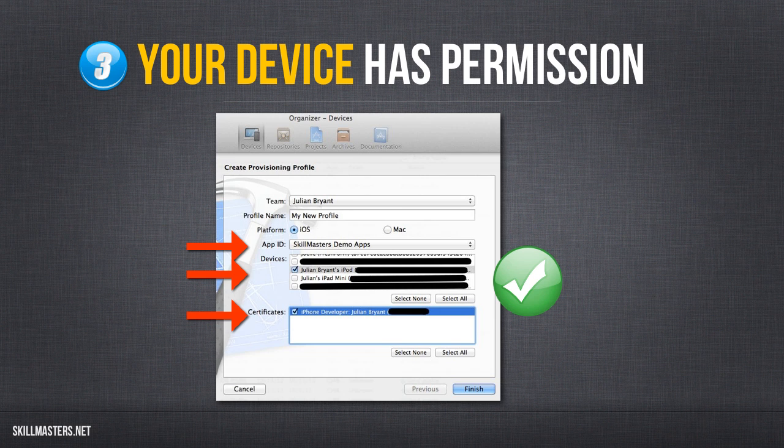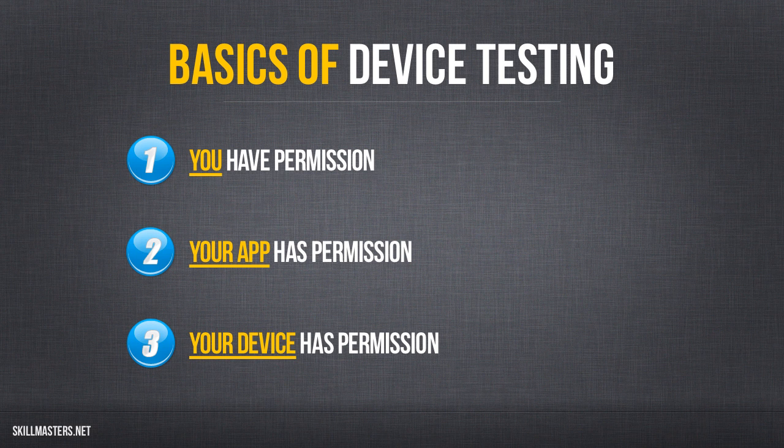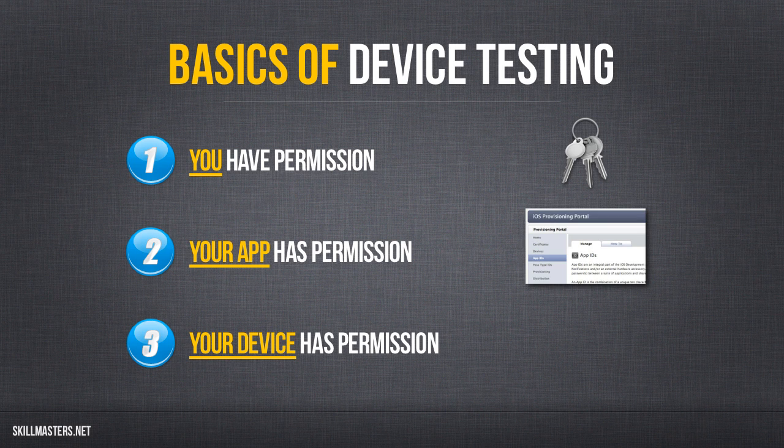So let's review the three things that provisioning profiles guarantee. First, provisioning profiles need to make sure that you are okay to run your apps on iOS devices, and that happens through setting your certificates in Keychain Access. Second, provisioning profiles make sure that your app is okay to run on iOS devices, and that happens by registering that bundle ID in the provisioning portal.